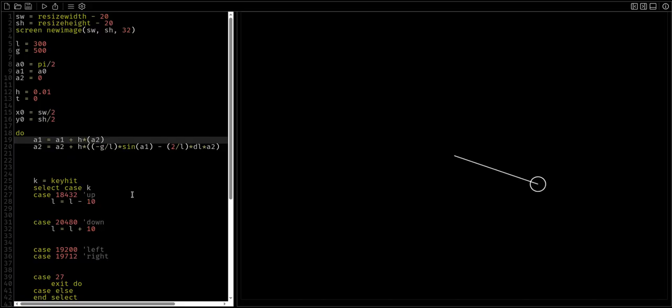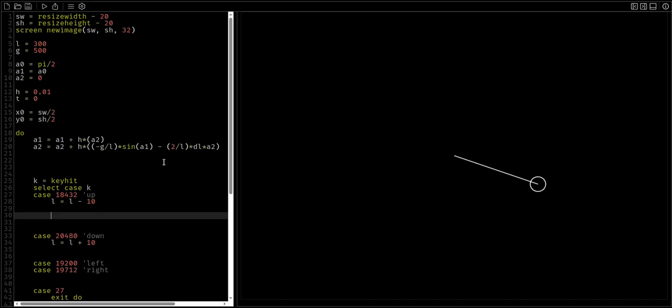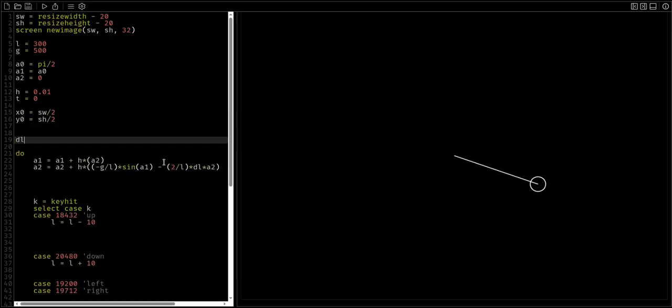So all we have to do is, we've written out the equation here. All we have to do is that when there is a change in length, there is also a change in the rate of change of length, which we represent by dL.